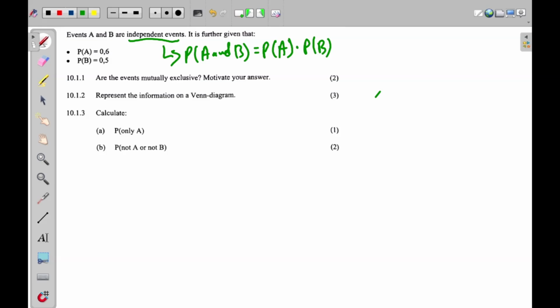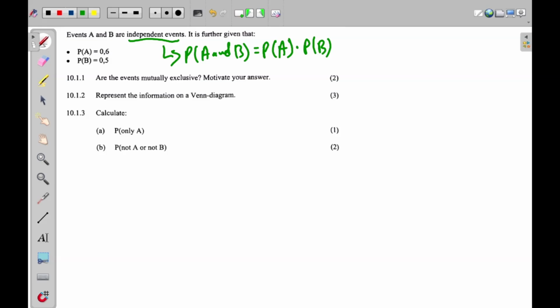Now, look at question 10.1.1. This is what we would refer to as a knowledge question. It's a level 1 question. It's a question you should be able to answer from just knowing what mutually exclusive means. Are the events mutually exclusive? The answer is no. They are not mutually exclusive.